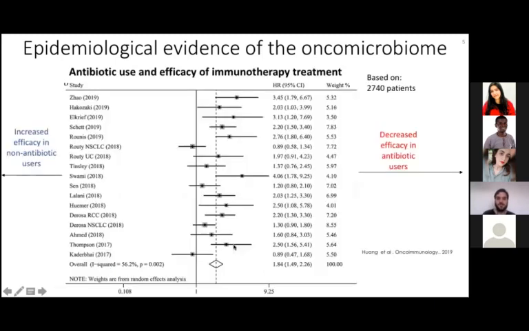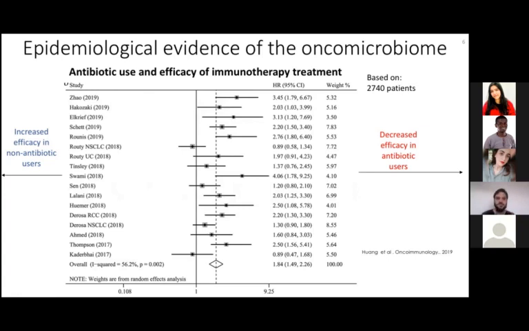So again, not only is there an association between antibiotic use and the risk of cancer, but also in terms of antibiotic use and the efficacy of immunotherapy treatment. Here I'm showing you an article from 2019, where the authors looked at several different clinical trials, whether the patients took antibiotics or not, and whether they responded or not to immunotherapy treatment.